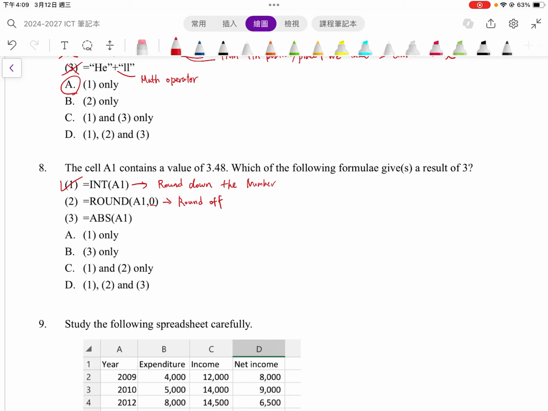You round off to the nearest 0 decimal places, and what we mean by 0 decimal places is the same meaning as the integer. So you round off to the nearest integer. So for this case, you will also get a 3. Finally, we have ABS, which is wrong, because ABS means absolute value, which means that you make the number positive.